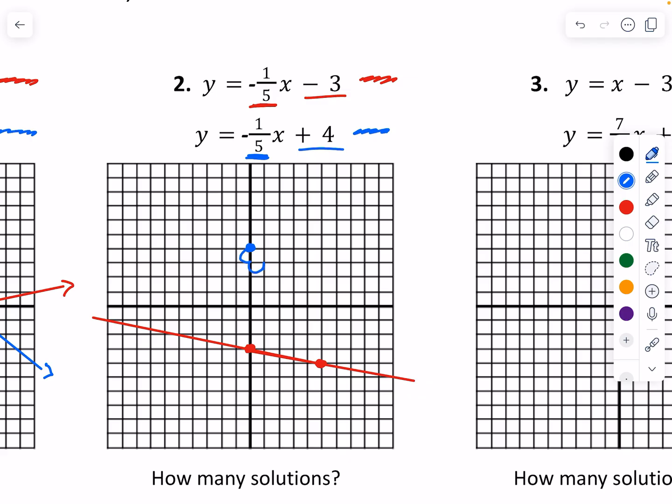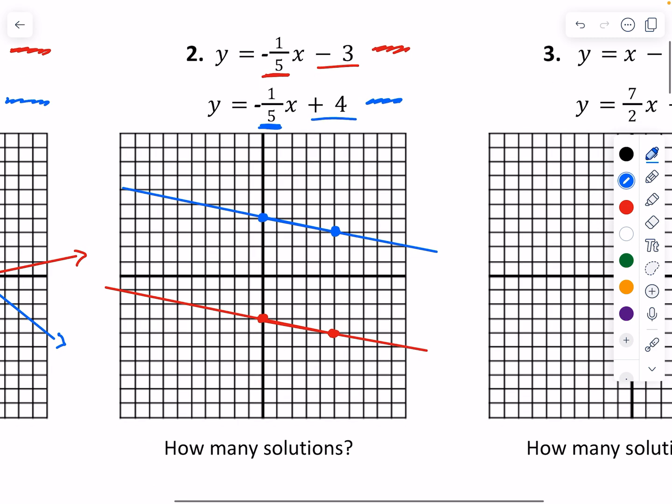One, one, two, three, four, five. I'm going to take one more down right there. Okay. And I am going to connect the dots, do da, do da. Sorry, that's my dot connecting song. And now I have two lines.